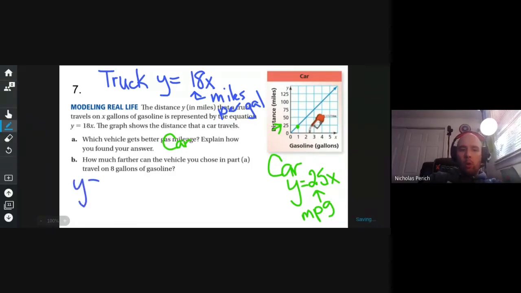I'm going to use the equation y equals 18x because the truck is y equals 18x. x is gallons, and I want to put 8 gallons in the tank. So the truck with 8 gallons of gas can go 18 times 8, which is 144 miles.